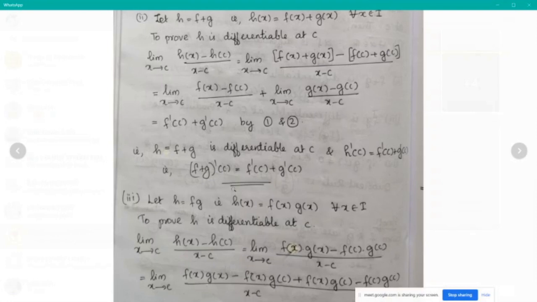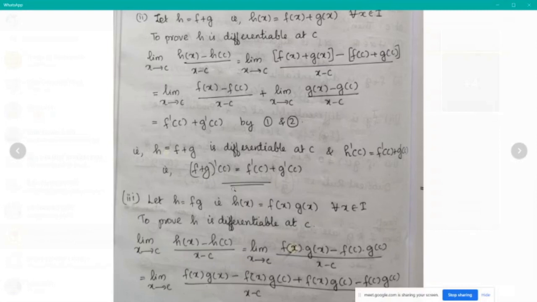So you can write limit x tends to c f of x plus g of x minus f of c minus g of c. You can collect and group the terms in f and group the terms in g.